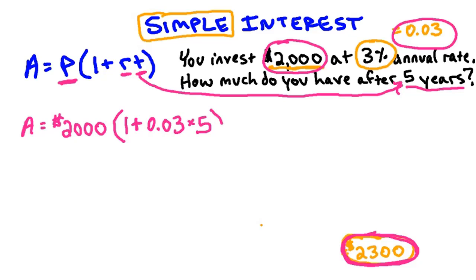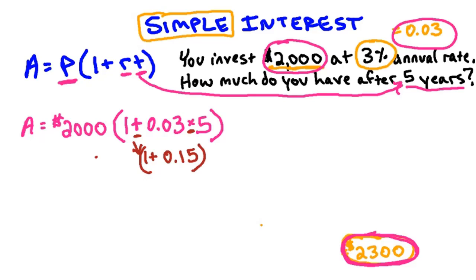So here's 5. Okay, now when we work this problem, we have to do what's in the parentheses first, and within those parentheses, we have a plus sign and we have a multiply sign. So we need to do the multiplication first. So 0.03 times 5 is 0.15. And then we bring this 1 plus down. 1 plus 0.15.